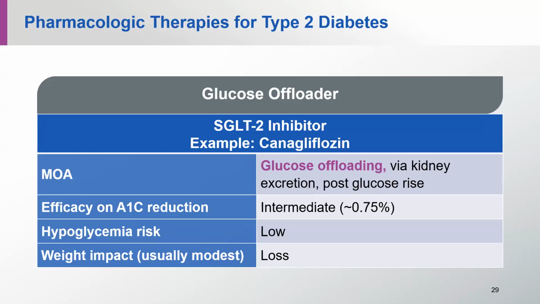And if you add that up over time, and a pound of fat is 3,500 stored calories of fat. If you do the math, people will lose a little bit of body fat by being on this drug class, but it is not like the GIP, GLP-1 agonist, nothing like that.